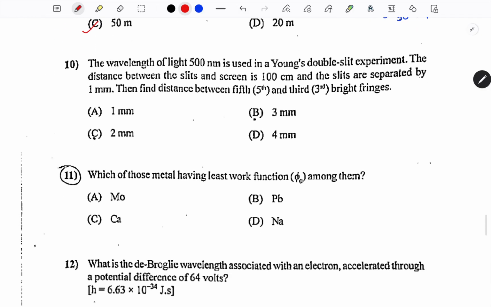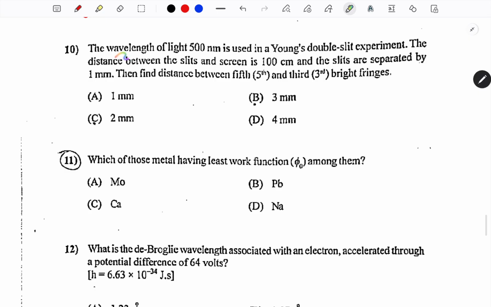See the next question. Light of wavelength 500 nanometer is used in Young's double slit experiment. The distance between the slit and the screen is 100 centimeter and the slits are separated by 1 mm. Find the distance between the fifth and third bright fringe. Here the distance between the fifth and third bright fringe is asked. So for the fifth, x5 is equal to 5 lambda D by d, and for the third, x3 is equal to 3 lambda D by d, and we have to find the distance, meaning x5 minus x3.